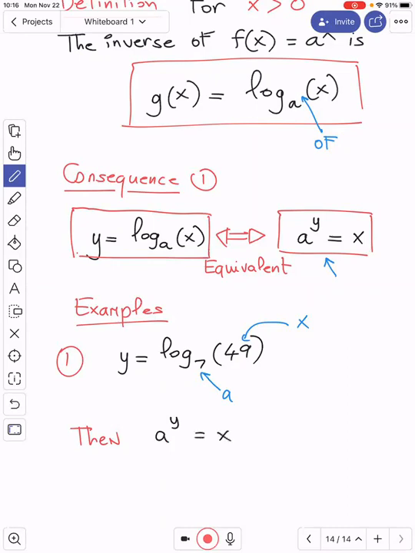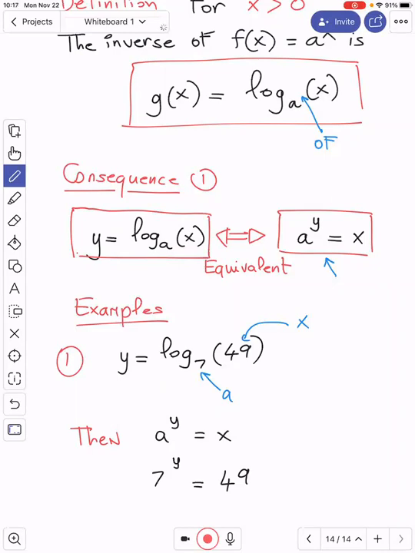So in other words, a is 7. That's my base. Y, of course, is unknown. I don't know the value of y yet, right? So 7 to the power y is equal to x, and x in this example is 49. So the question here is, for which power of 7 would we get 49?